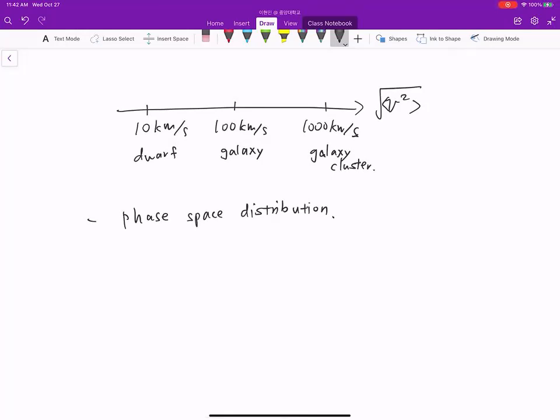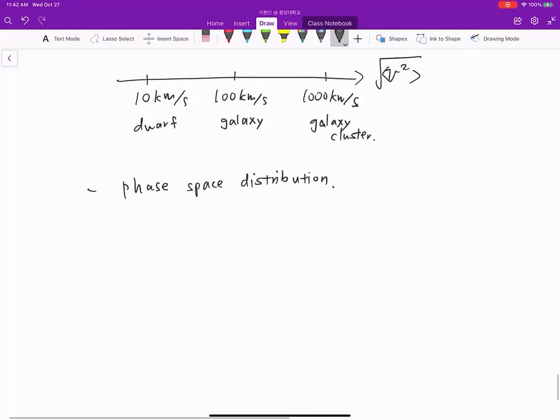So this is what we can say for a system with many particles. We cannot describe the motion of individual particles. You cannot keep track of individual particles because there are too many. So that's why we are going to discuss a phase space distribution.